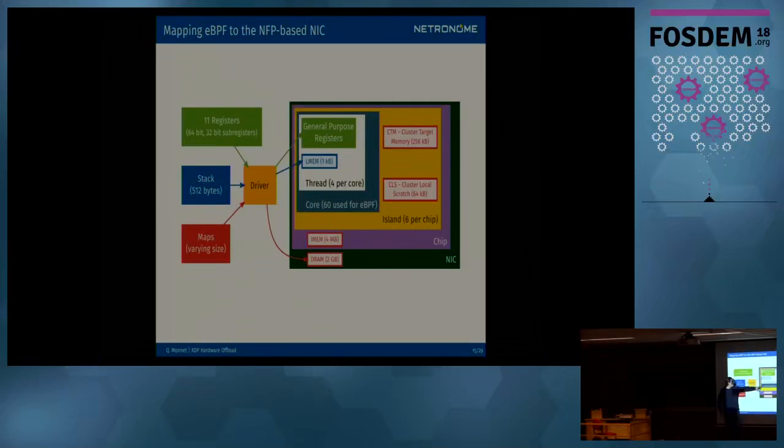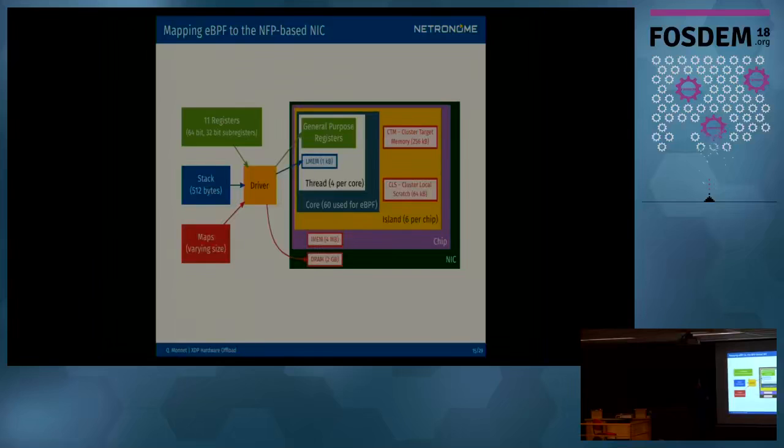Each of these islands for BPF uses 10 cores. And on each core, we have 4 threads. On those threads, we have general purpose registers. We have also local memory, 1 kilobyte. We have other areas of memories on the islands or the chip or the NIC.